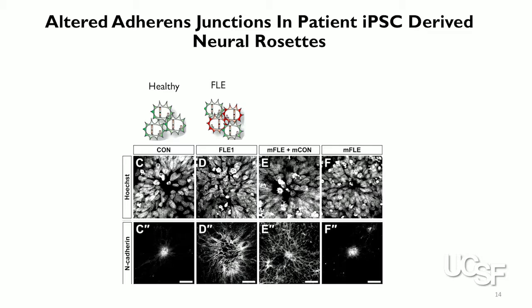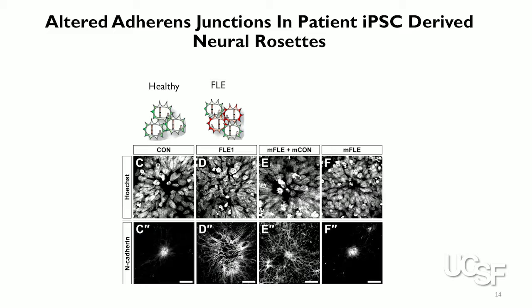So this is the control iPS, and it's a healthy individual. To be noted, this is a healthy state. However, this is not an isogenic control of the FLE patient iPS, and it takes quite a lot of effort to generate the correction mutation and get an isogenic control.